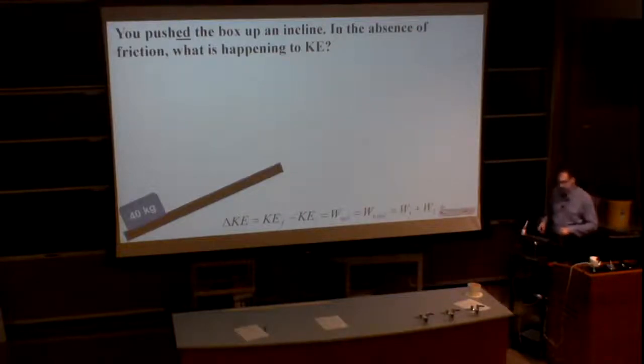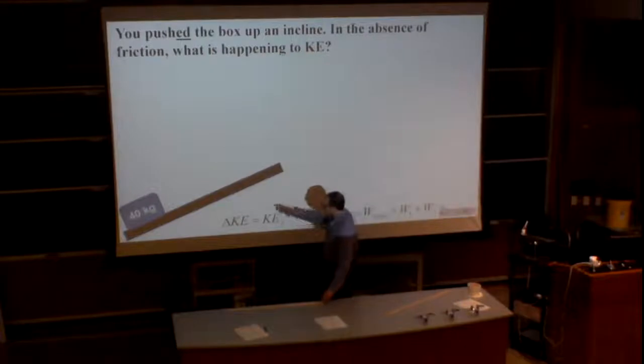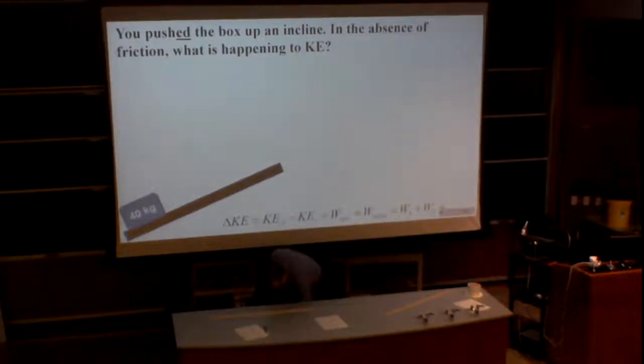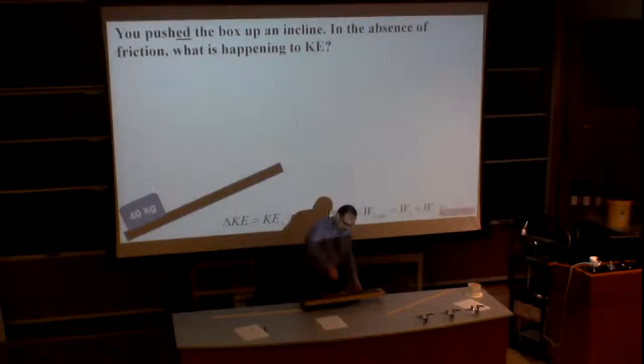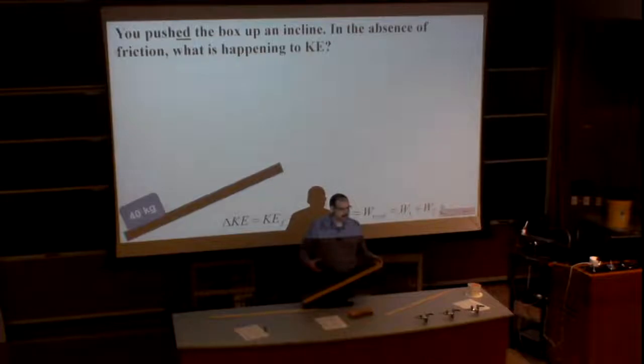Now, let's make things slightly more complicated. Again, no friction in this situation. When we have a case of an inclined plane or a ramp, we can roll things down or we can push things up.